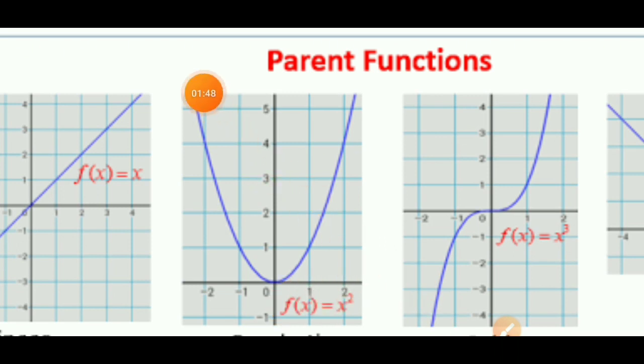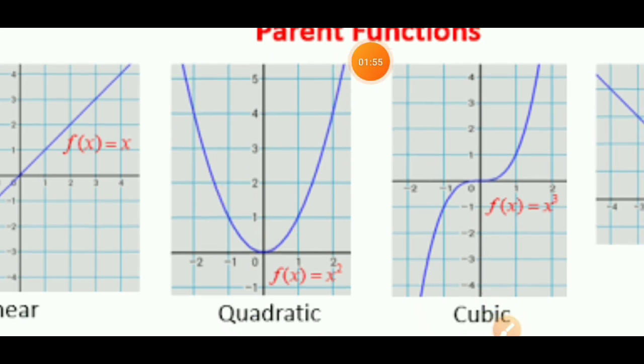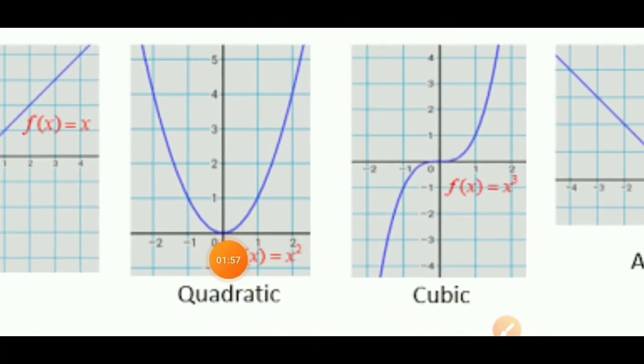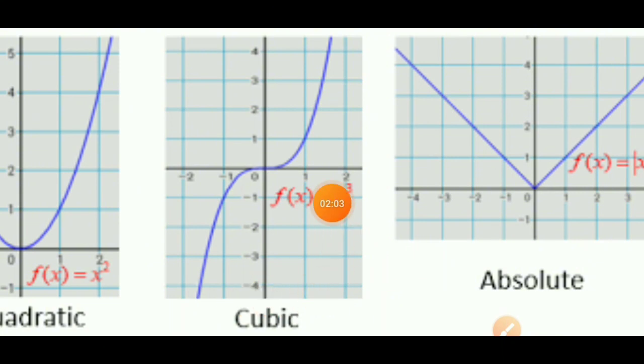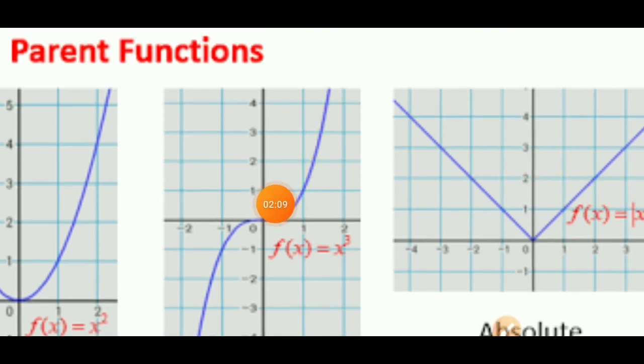This is a parabola opening upward, and this is its graph. Later I will also teach you how to know the graph of this equation. For a cubic equation, f of x is equal to x cubed, and this is its graph.